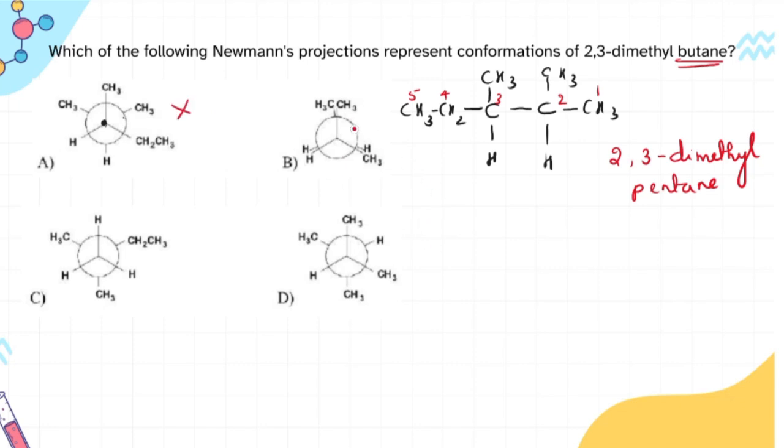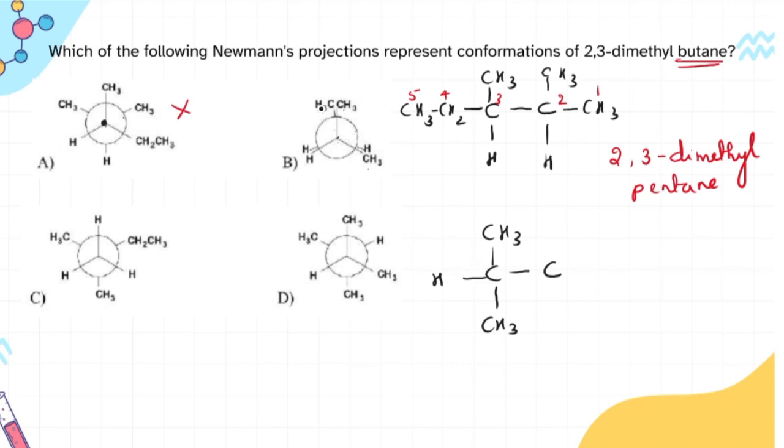So let's check the second molecule. Again, you write this carbon and this carbon, that is the rear carbon. This carbon is attached to methyl and hydrogen. So here you can observe this is eclipsed, right? It doesn't matter whether it's eclipsed or staggered. You just have to convert the Newman projections to two-dimensional structures here.